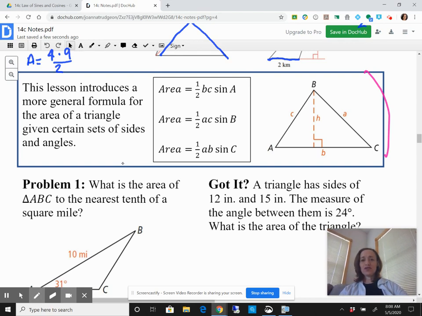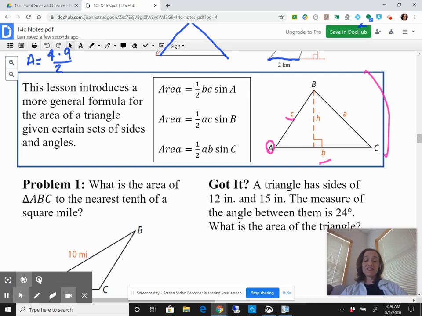You need to know one of the angles. So typically, if that's the angle, you're going to set that up like angle A for that one. And then you need to know sides B and C to make it work. And then you can find the area. Your calculator needs to be in degree mode in order to do it.